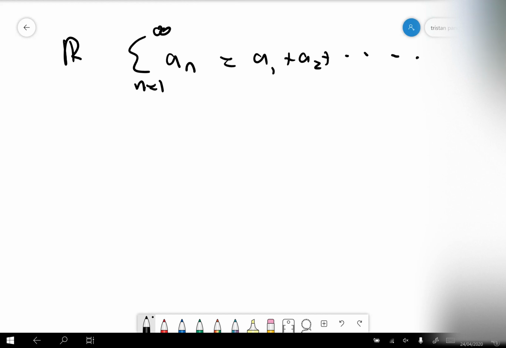And if we rearrange the sum, so if we go a_2 plus a_5 plus whatever we want, we can make the series converge to whatever we like, and that's not very desirable.